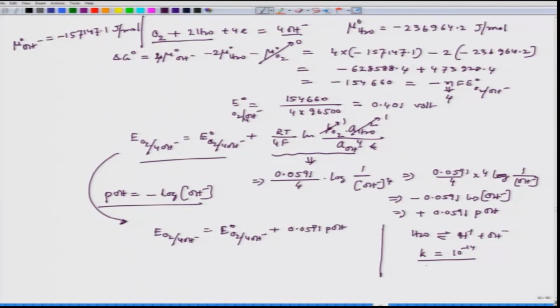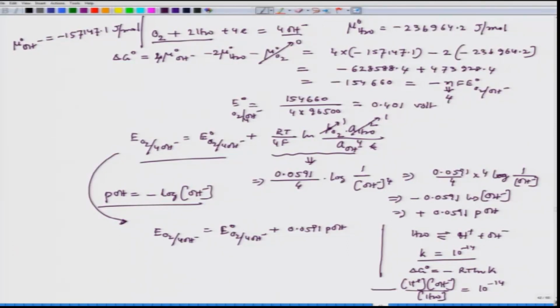In that case I can write delta G equal to minus RT ln K. I can write this when the system reaches equilibrium, and since K is 10 to the minus 14, I can write activity in terms of concentration: H plus OH minus divided by H2O equal to 10 to the power minus 14.